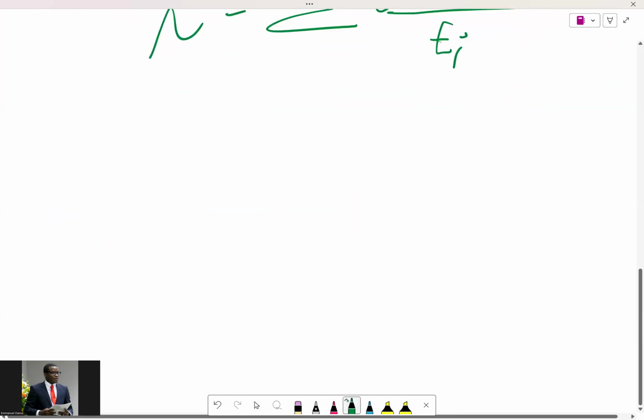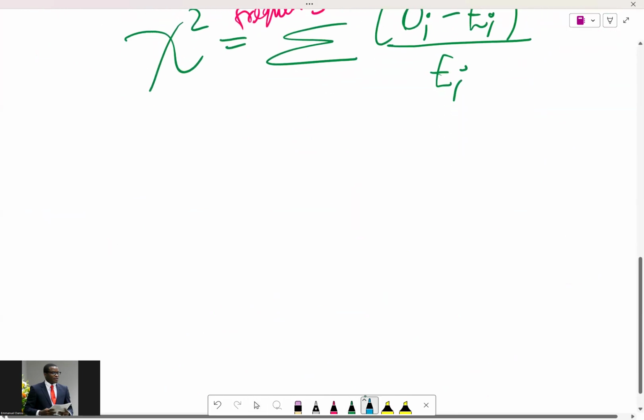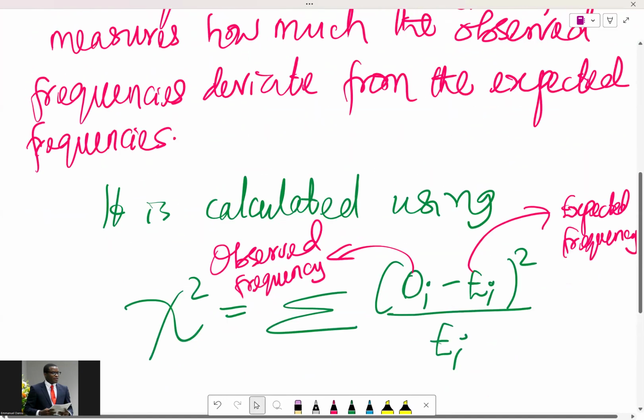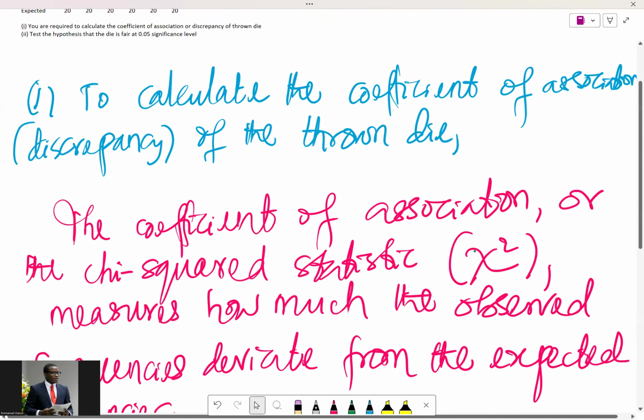It's always nice if you can do a table. It makes things pretty easy instead of doing these computations one after the other. So let's put those things in a table.